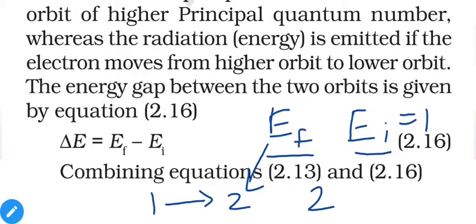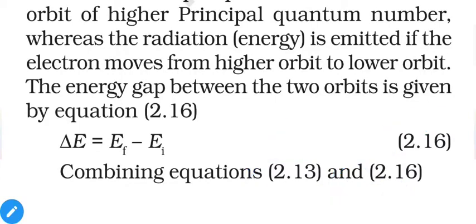If it is jumping from the second orbit to the first orbit, then E_i will be 2 and E_f will be 1. The difference is represented with the delta symbol, so the difference of energy between the two energy levels between which the electron is transferred will be represented with delta E. This is our equation 2.16, and now let us put in the values of E from equation 2.13.